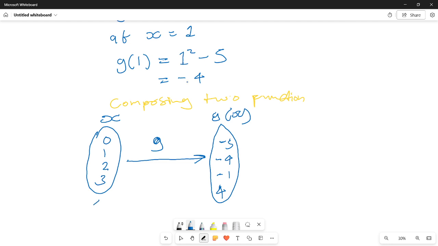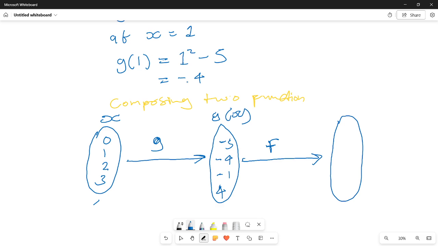But what if we take these outputs and apply another function rule f? So what if we apply another function rule to the outputs of the function g? It means we are going to have another output.